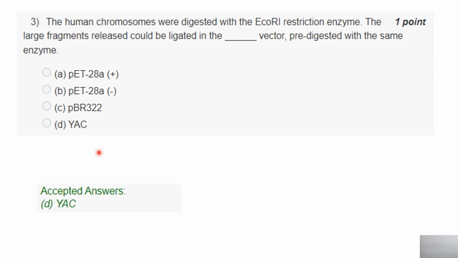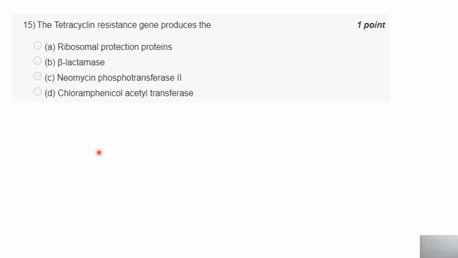Okay, so next question for today. Tetracycline resistant gene produces the ribosomal protection proteins, beta lactamase, neomycin phosphotransferase 2, chloramphenicol acetyl transferase. Which one do you think is the correct answer?